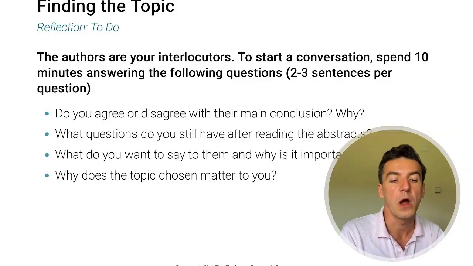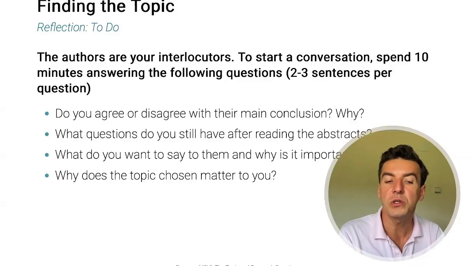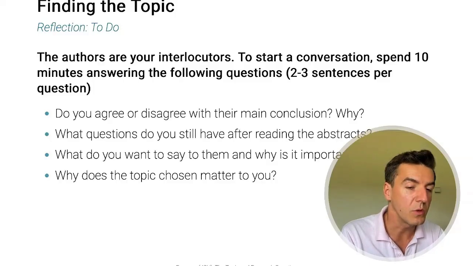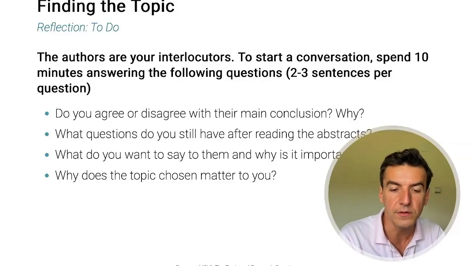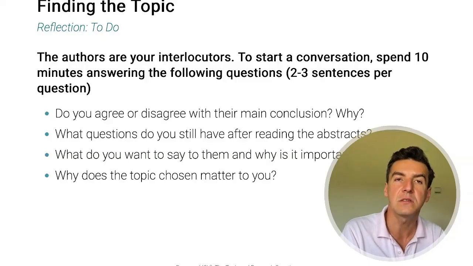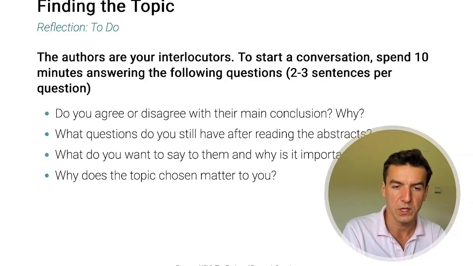One, do you agree or disagree with the main conclusion? Why? Two, what questions do you still have after reading the abstract? Three, what do you want to say to the authors, and why is it important to say that? Four, why does this topic chosen matter to you? Those are the 4 questions.